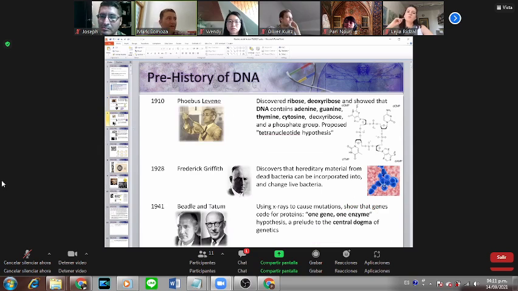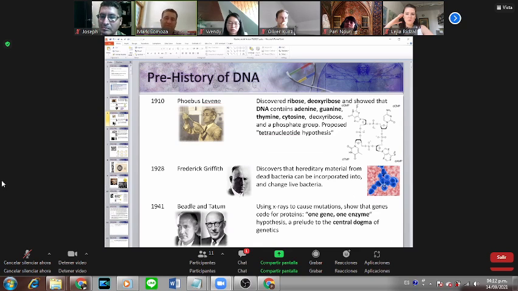In 1910, Phoebus Levene discovered ribose and deoxyribose and showed that DNA contained the four canonical bases that we know: adenine, guanine, thymine, and cytosine. These are the nucleobases, and then there's also a sugar, and a backbone.